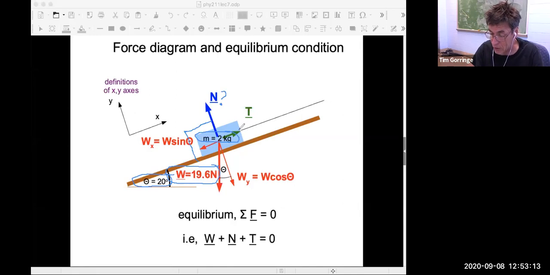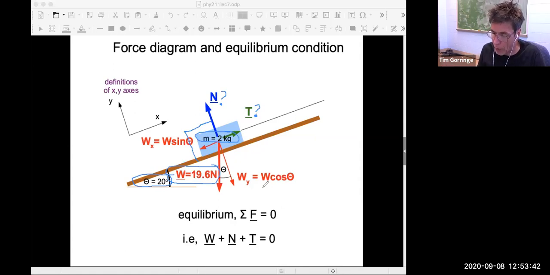Like the normal force, I know its direction, but I don't know the size of that force, and that's also something we want to figure out. So this picture is basically a picture of the situation and of the three forces, W, N, and T: gravity, normal, and tension.